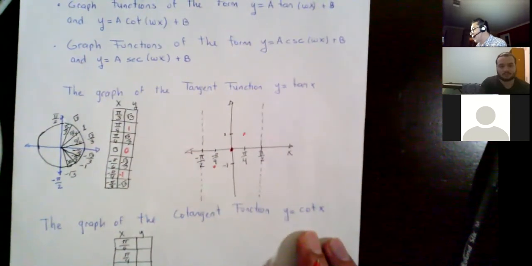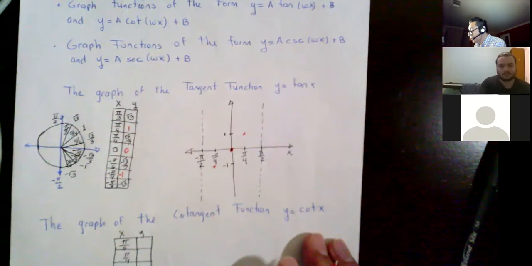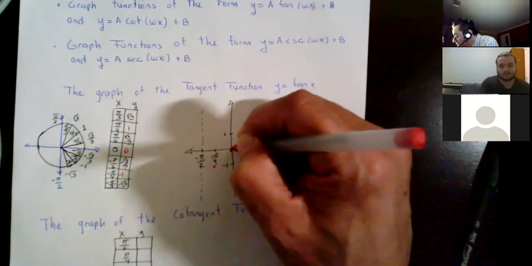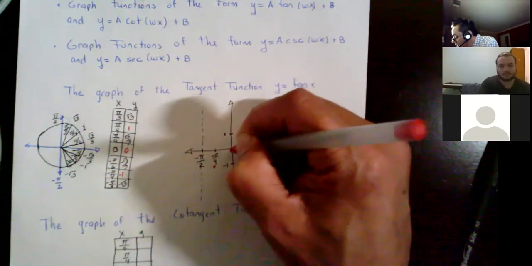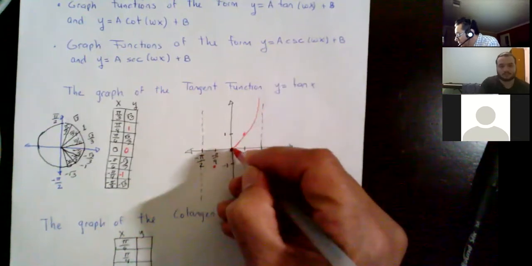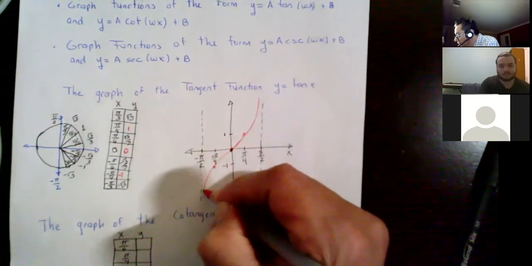So now I'm going to connect these points. The tangent function looks this way. Just connect these points right here and these points right here. By the way, pi over 2 and negative pi over 2 are two vertical asymptotes.